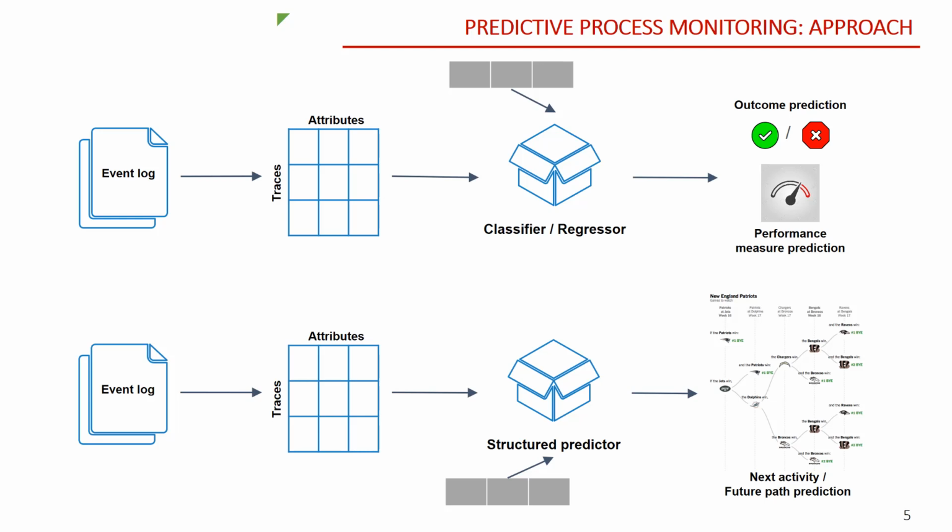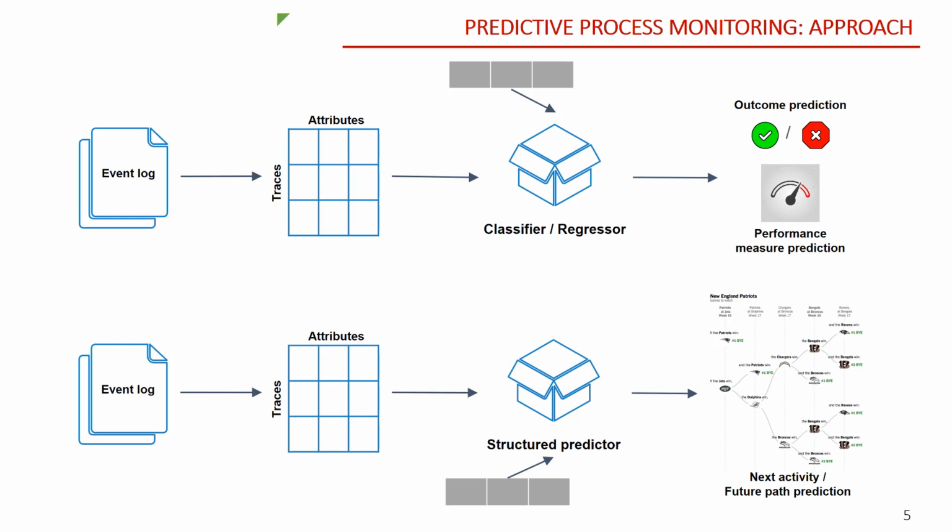They can predict if the case is going to finish okay, or maybe it's going to fail, or maybe they can predict how much time is going to pass until the end time of the case. It's just one attribute. Basically, we start with the event log. We create a feature matrix. This feature matrix is composed of all the information of the case translated into numbers, because that's the kind of information our predictive models like.